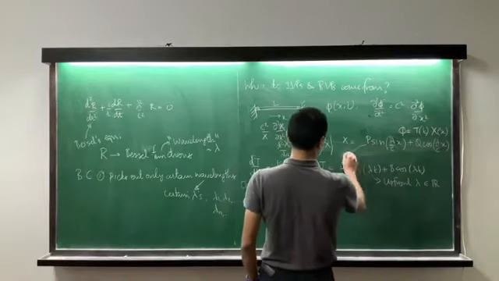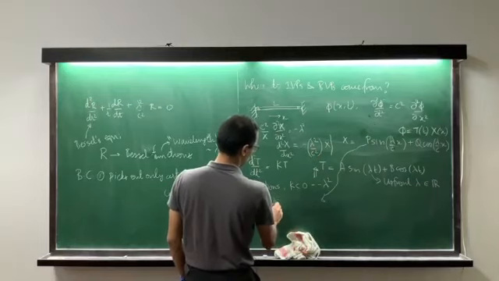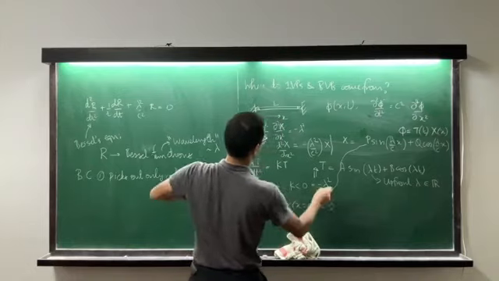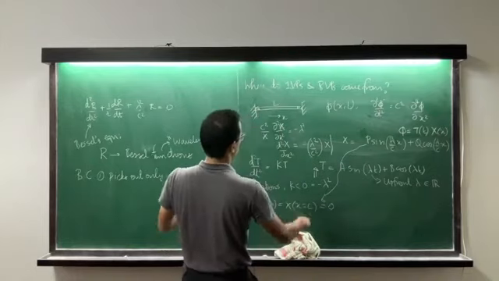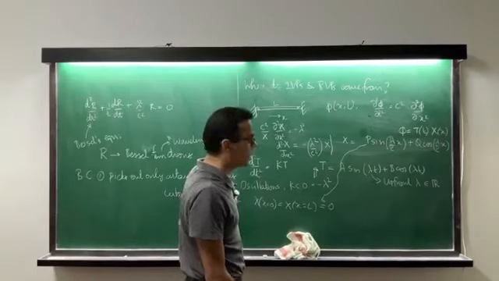Now, if I take X at x equals 0 and X at x equals L, and both are 0, these two ends are fixed, and I am letting it oscillate in between.